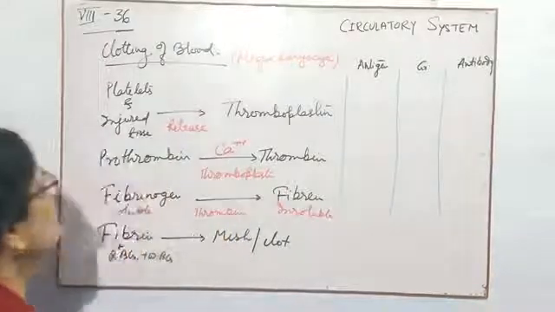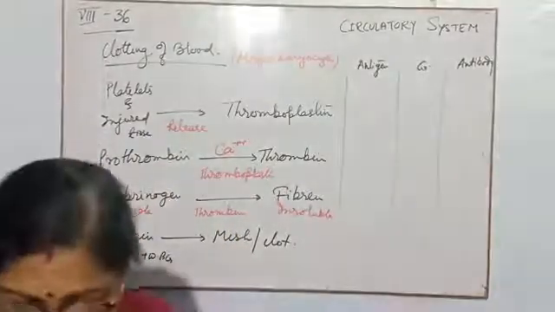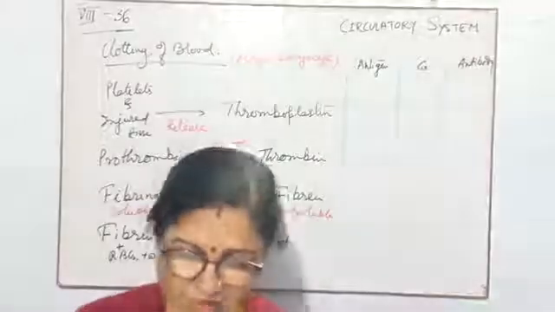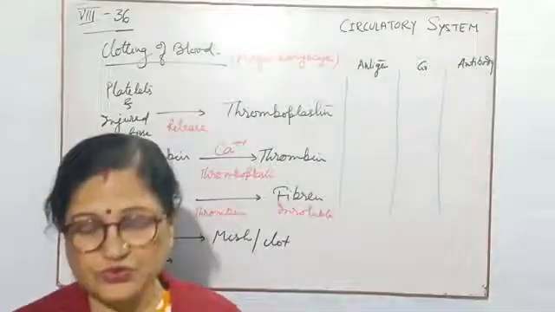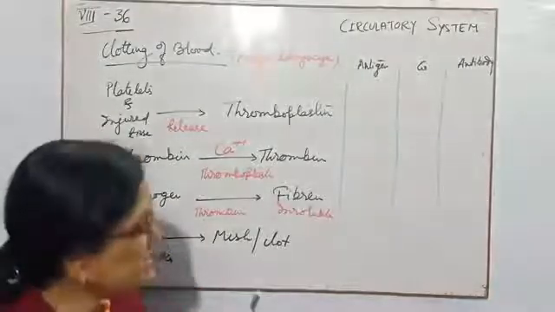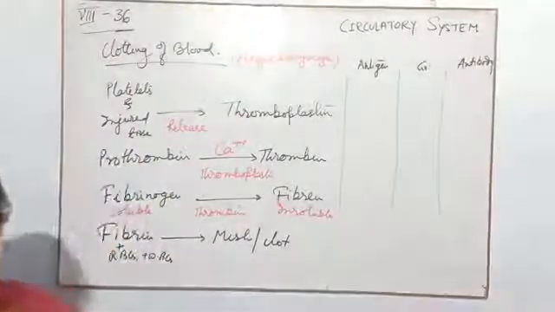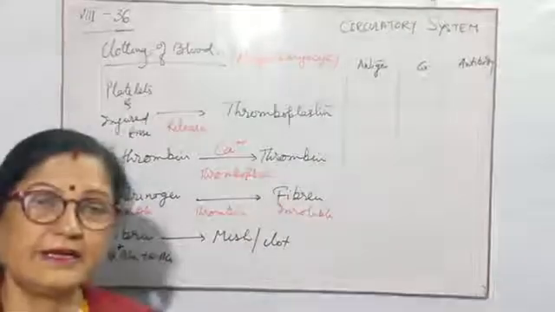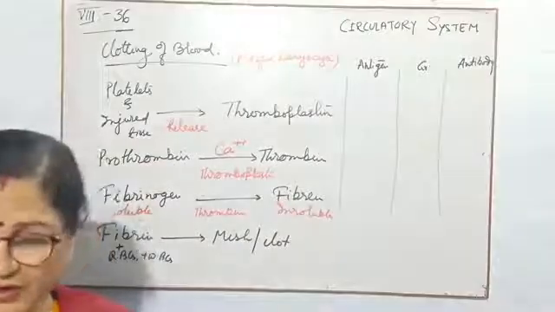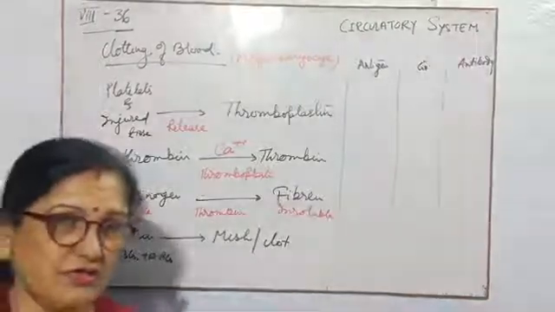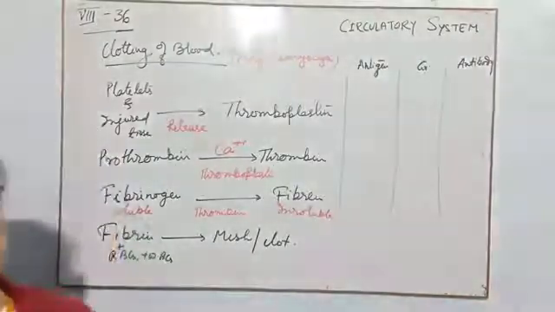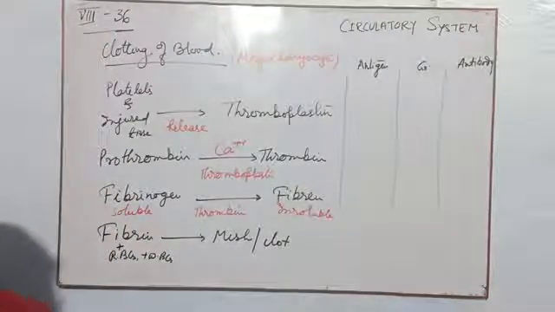Okay, now how do the platelets help our body to clot the blood. These are the main 4 steps which help in the clotting. This clotting is always done by some enzymes.